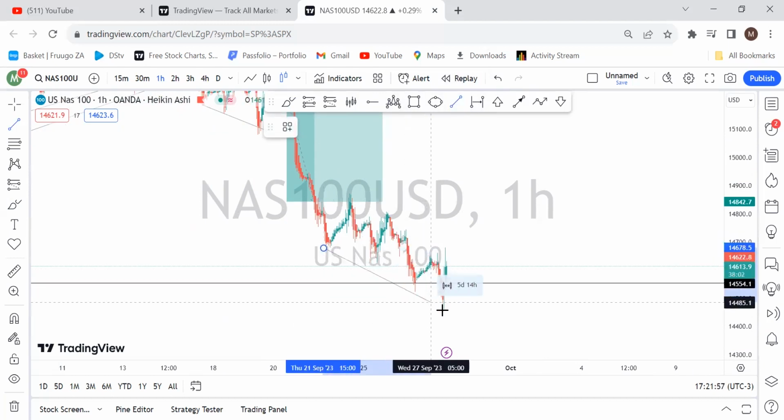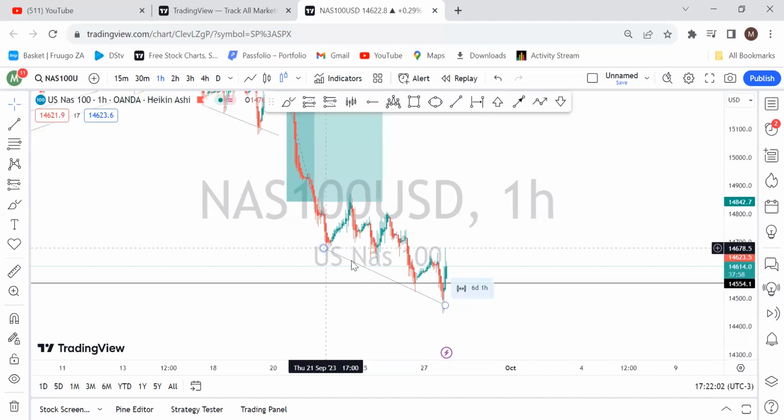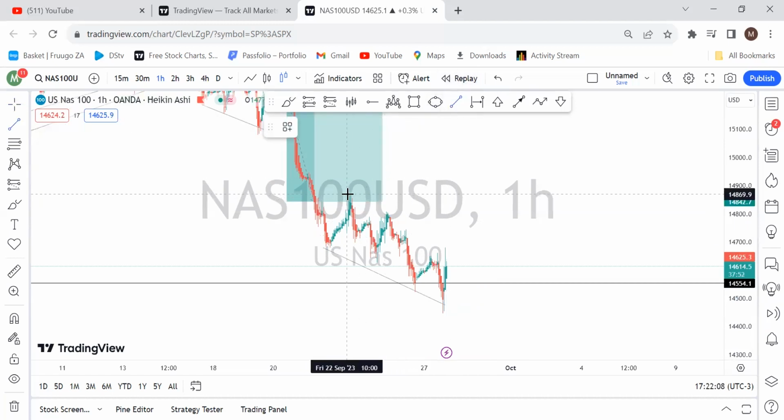We can draw our support. Remember, when we are dealing with buys, we focus more on the support. And then when we are dealing with sells, we focus more on the resistance. So we quickly draw our trend lines.